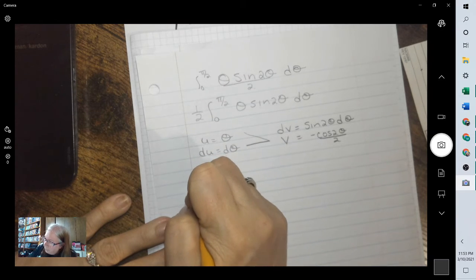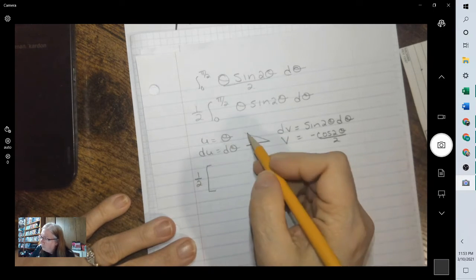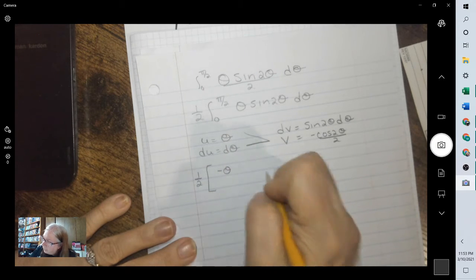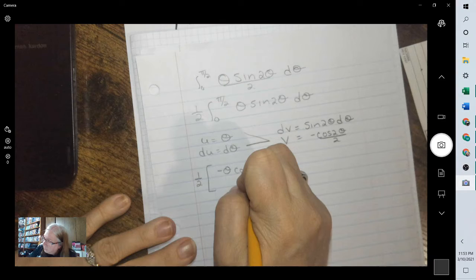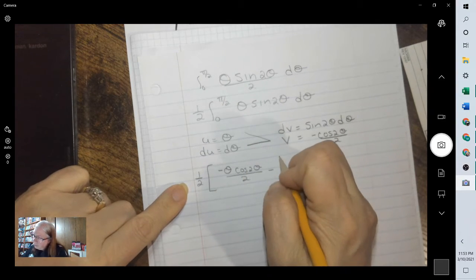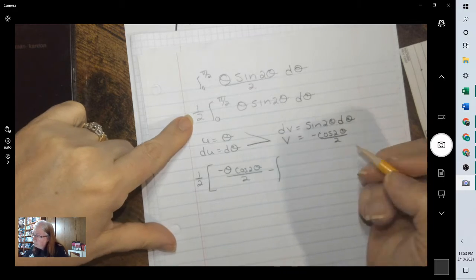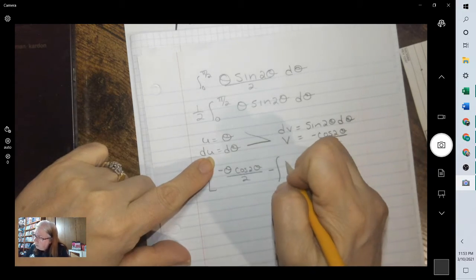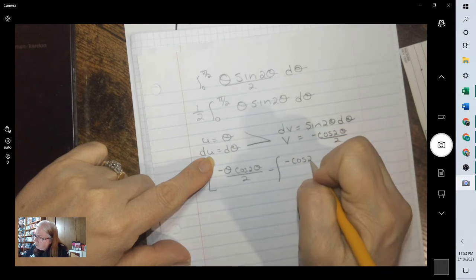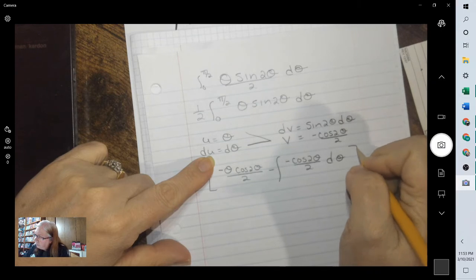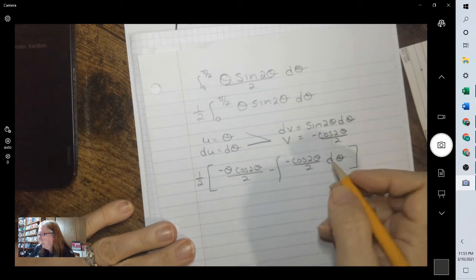We have our 1/2 out front. And then we multiply, we have theta times this, so we have a negative theta cosine 2 theta over 2 minus the integral of these two, negative cosine 2 theta over 2 d theta. Now we need to take our integral.